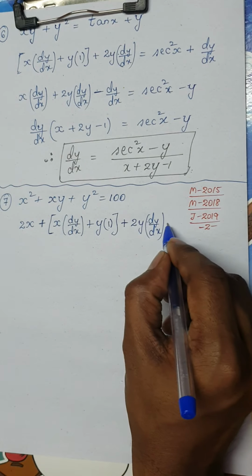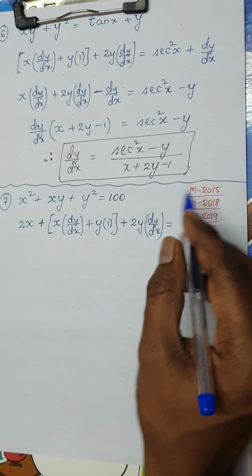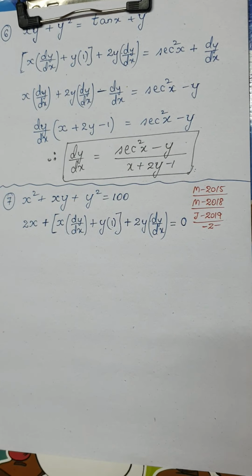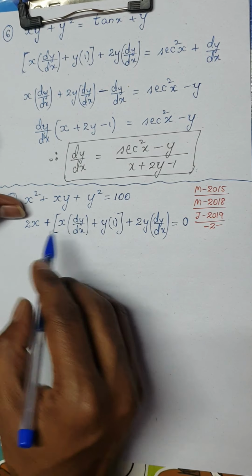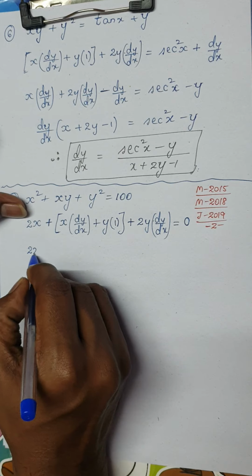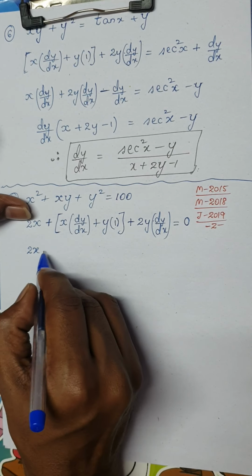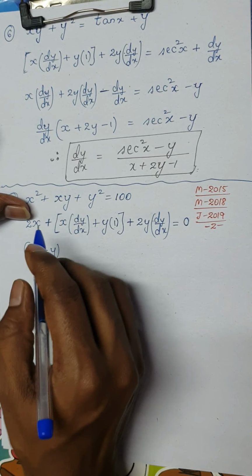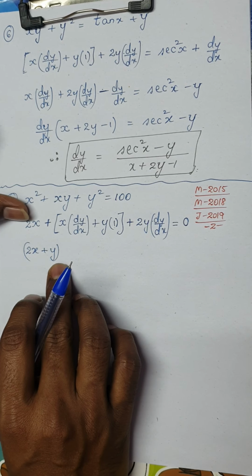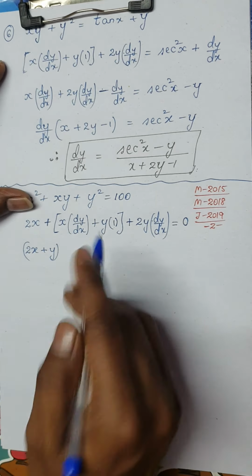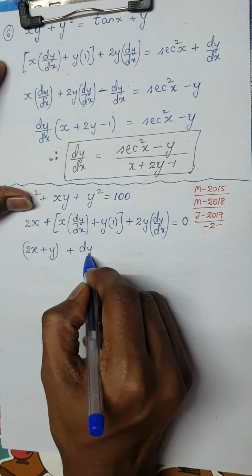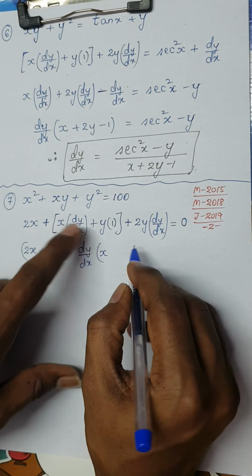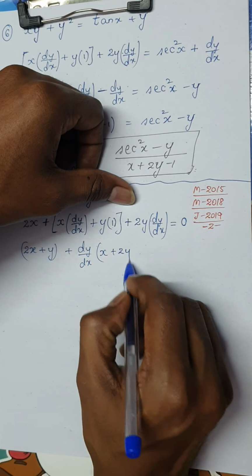Left hand side term is clear. This is nothing but, now we know 100 is a constant. What is derivative of 100? It is 0, okay. Now take the term independent of dy by dx, that is nothing but 2x plus y. Now in these two terms I have dy by dx common. So what are the terms? I have x here plus 2y, okay.